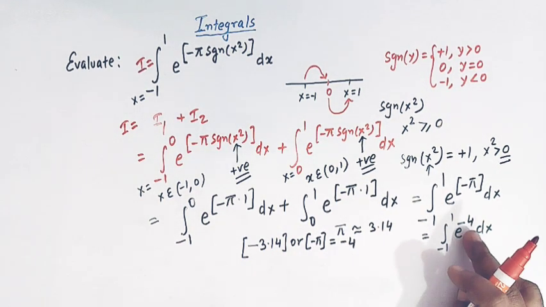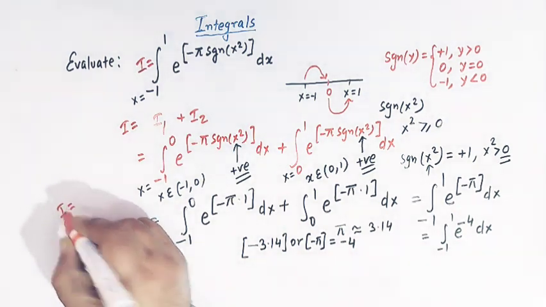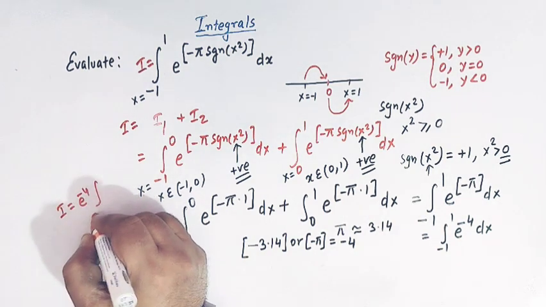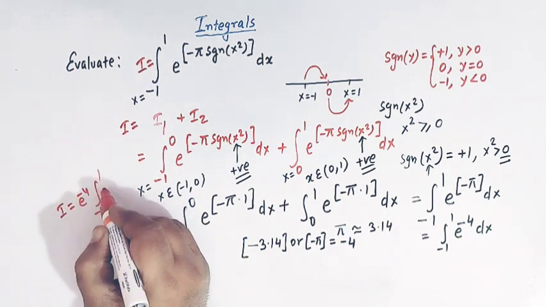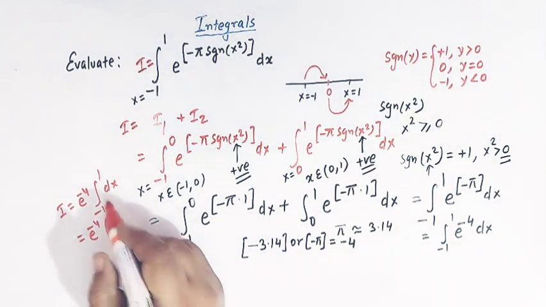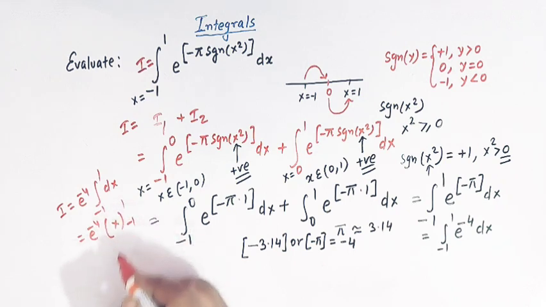Now e raised to minus 4 is a constant, so we can take it outside the integral. We have e raised to minus 4 times the integral from minus 1 to 1 of dx. The integration of dx is x, with limits from minus 1 to 1.